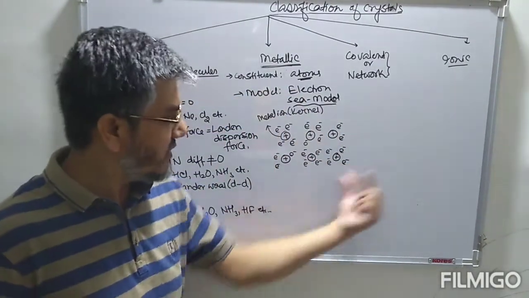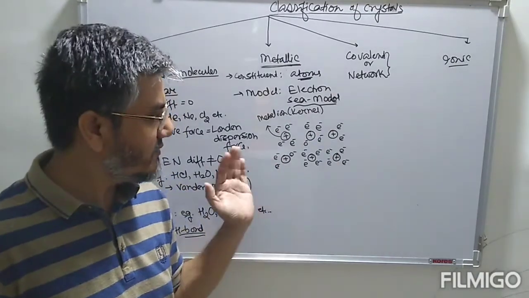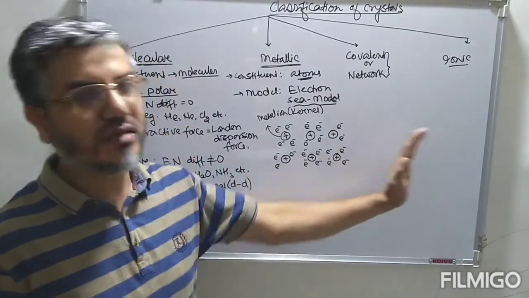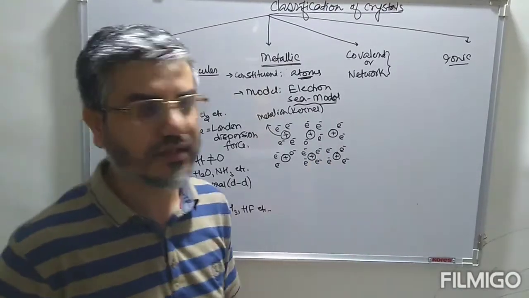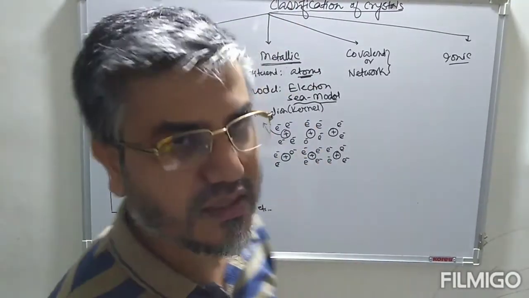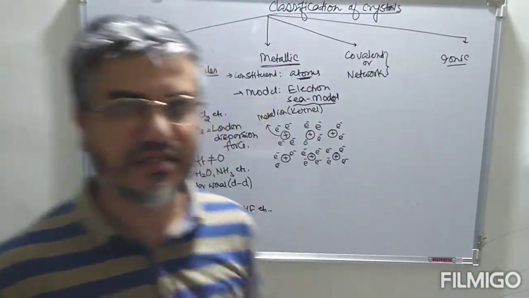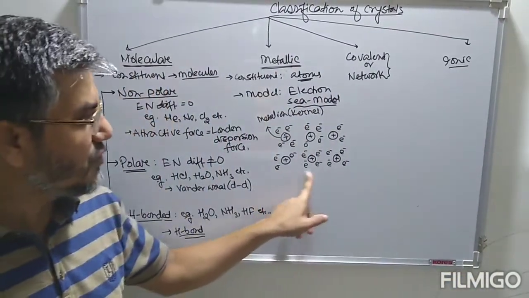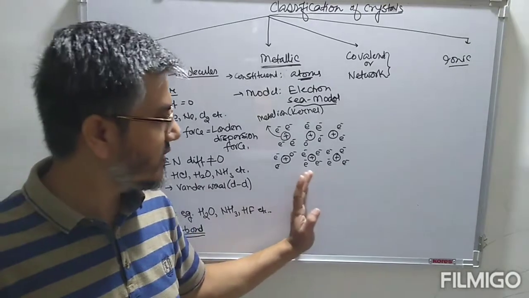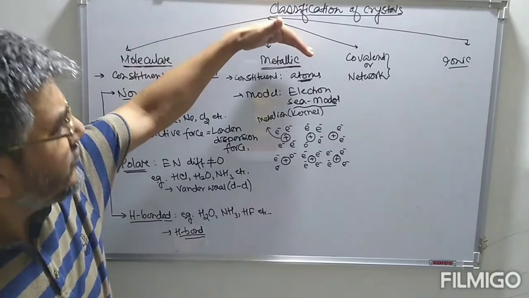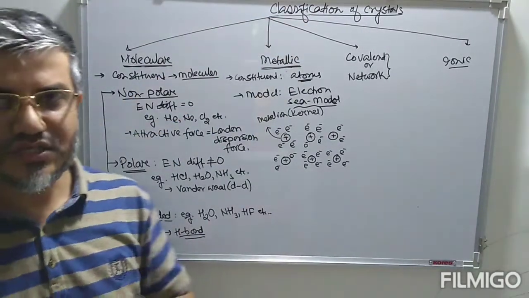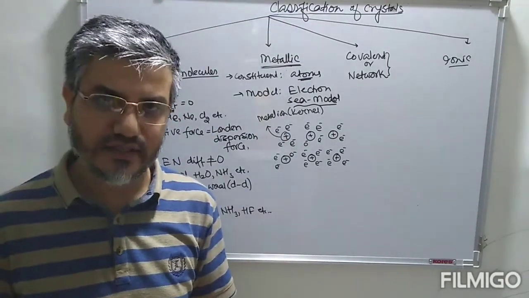Now since a metal crystal contains a large number of mobile electrons, because of these mobile electrons, these metals are very good conductors, and conduction is because of the movement of these mobile electrons throughout the crystal. Again we are saying that these metals have a lustrous, shining property.